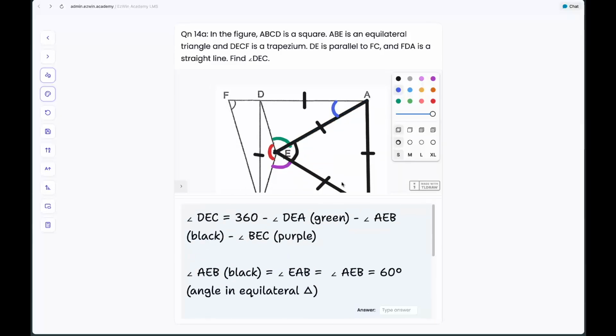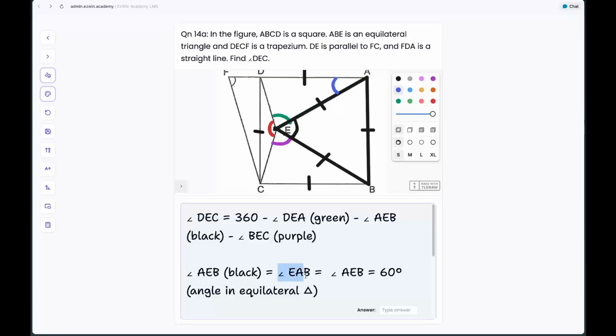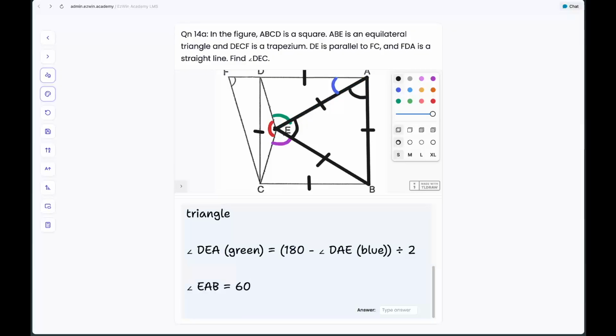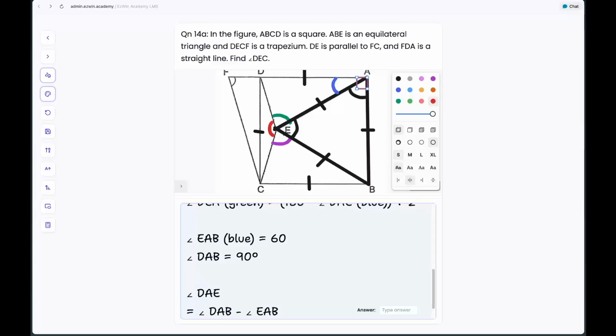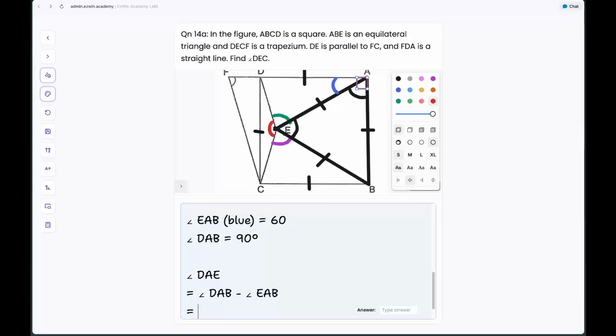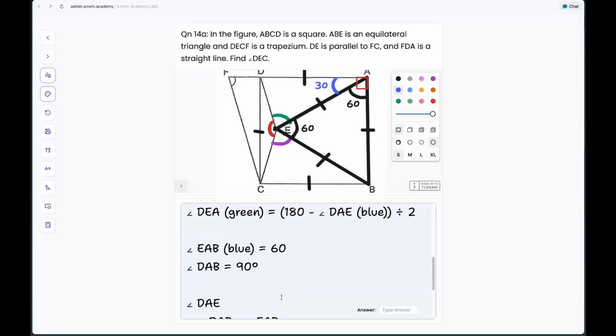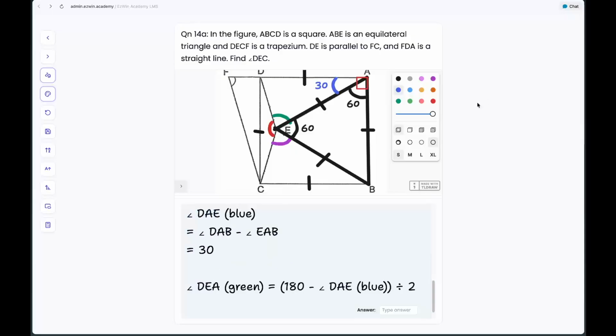We know that angle EAB is 60 degrees, and angle DAB is 90 degrees, which is in red over here. So angle DAE is equal to DAB minus EAB, which in this case is 30 degrees. Since angle DAE is 30, angle DEA is equal to (180 minus 30) divided by 2, which gives us 75 degrees.